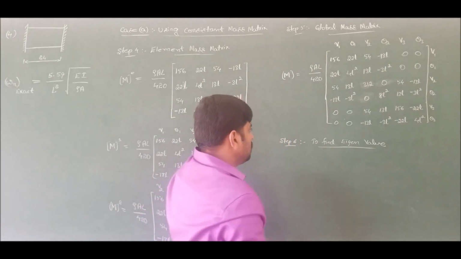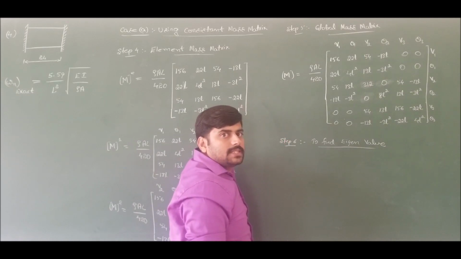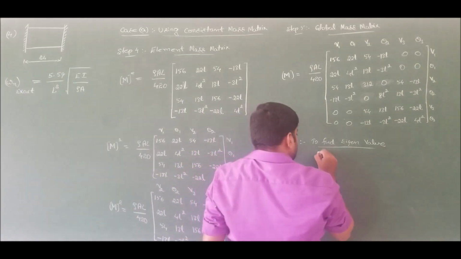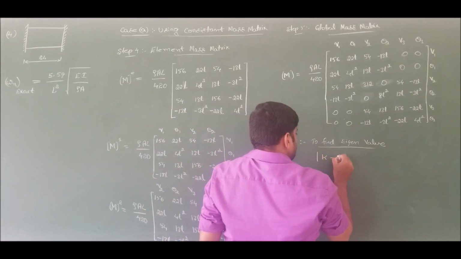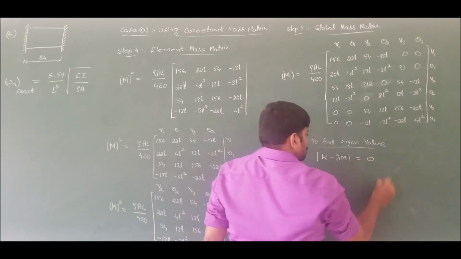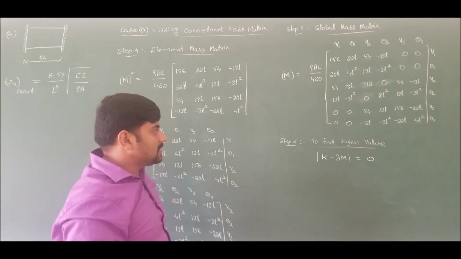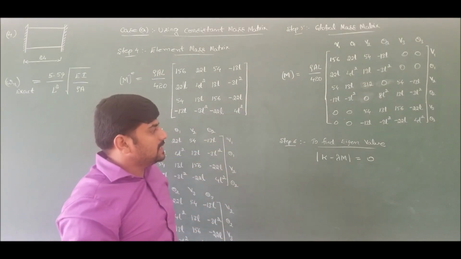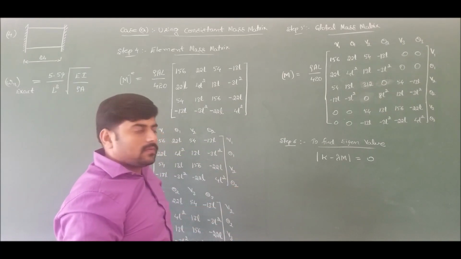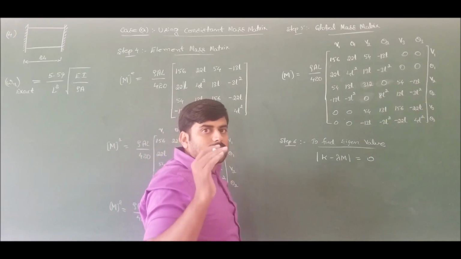The condition to obtain the non-trivial solution for problems on dynamic analysis can be used to find the eigenvalue. That condition is nothing but the determinant of the global stiffness matrix minus eigenvalue times the global mass matrix must be equal to 0. Now we already know the global stiffness matrix, which we have already calculated in our step number 3, and the global mass matrix is already known to us.